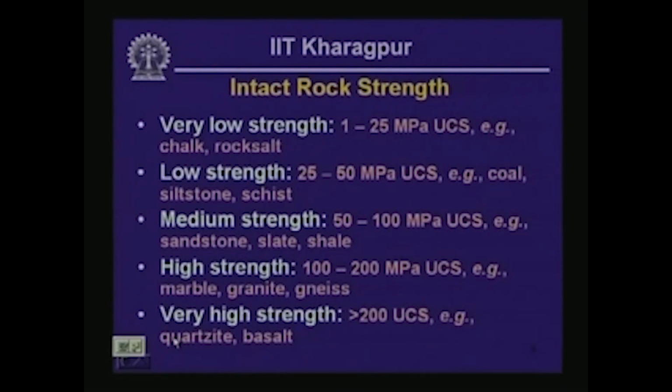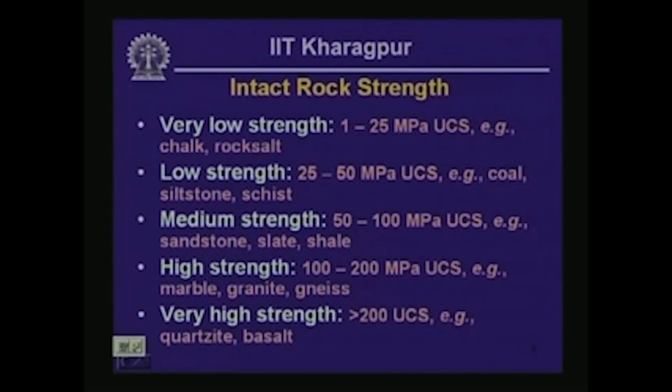Okay. Now, we want to classify intact rock samples depending on their unconfined compressive strength. If you have an unconfined compressive strength of between 1 and 25 megapascal, then you are going to classify that rock as very low strength rock.